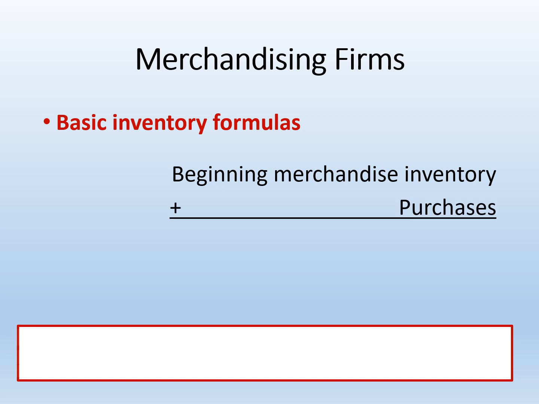During the period, the firm buys more inventory. That's called purchases. Altogether, the value of the firm's beginning merchandise inventory plus the value of all of the new purchases that the firm made during the period gives us what's called the cost of goods available for sale.